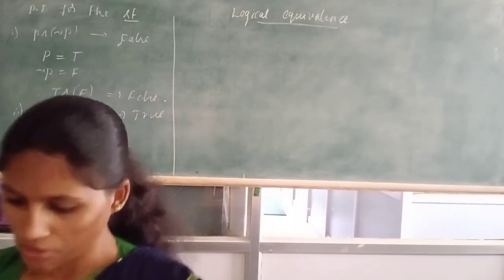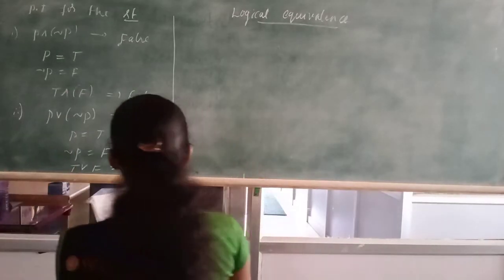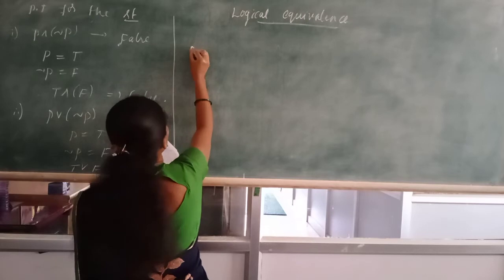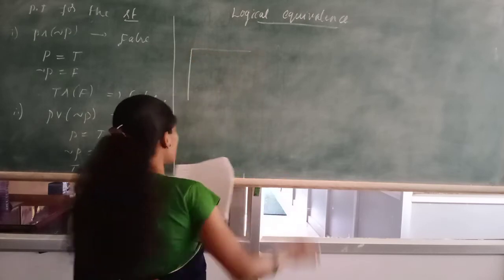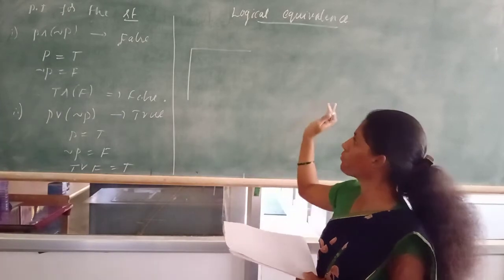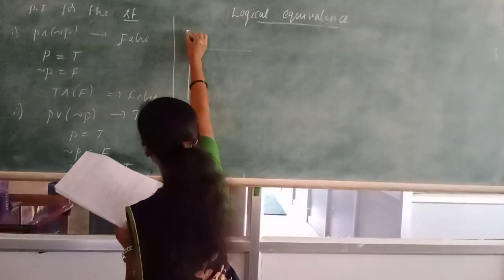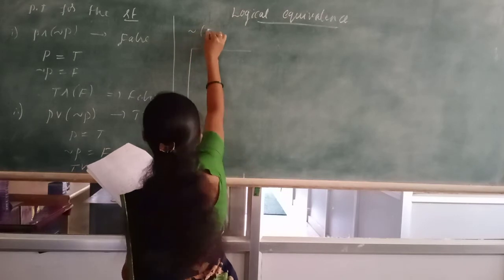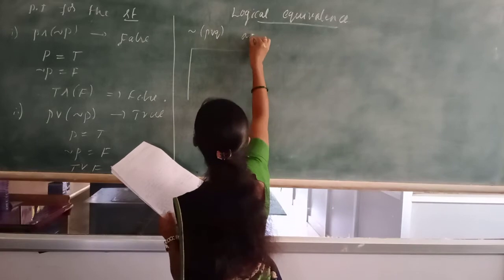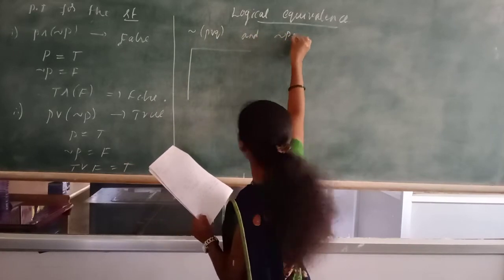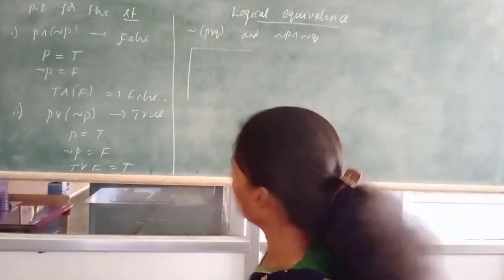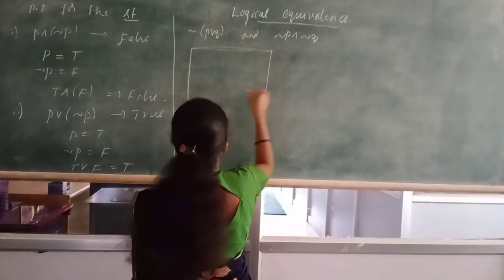Just consider the table of two propositions by understanding the purpose. Consider the two propositions: negation of (P or Q), and negation of P and negation of Q. So construct the truth table.